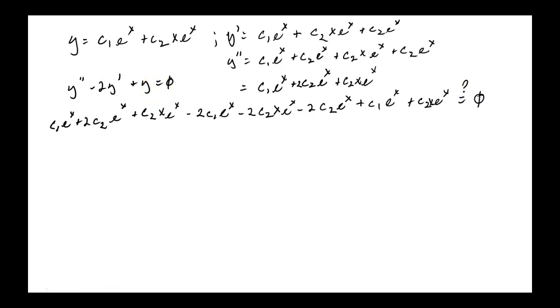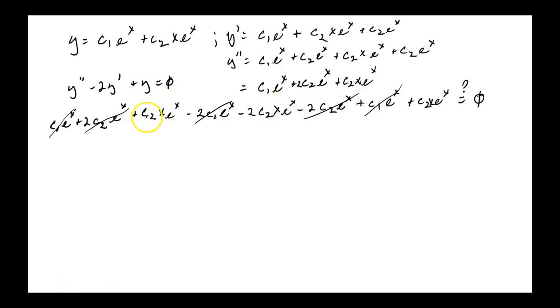Does that jibe? Okay? Well, here's a C1 e to the x, another C1 e to the x. That makes 2 of them. But here we have a minus 2 C1 e to the x, so those add to 0. Here's a 2 C2 e to the x, a minus 2 C2 e to the x. Those two add to 0.